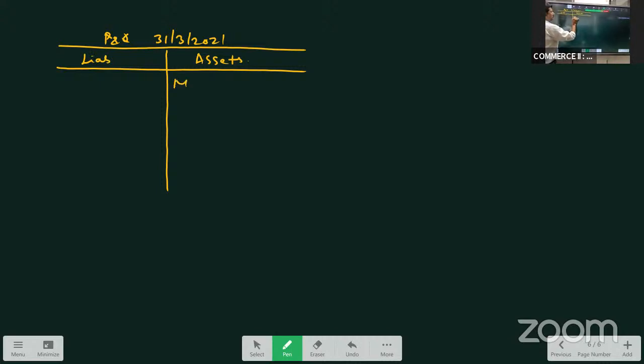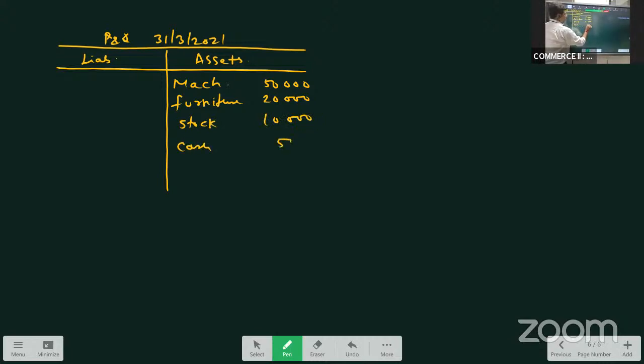Machinery 50,000, furniture 20,000, say stock 10,000. They had cash, let us say 5,000. And this is how their balance sheet is 85,000.